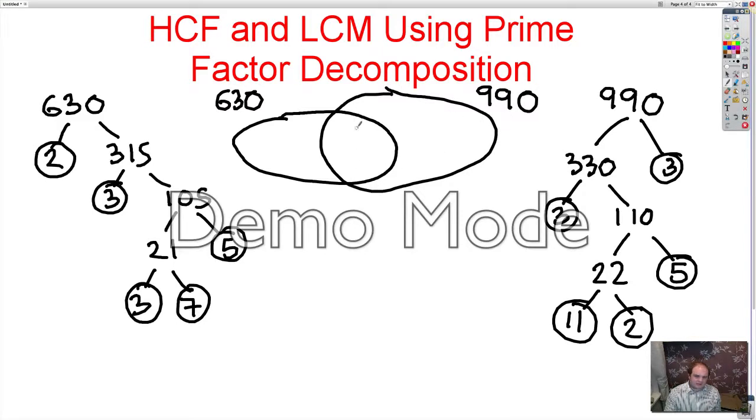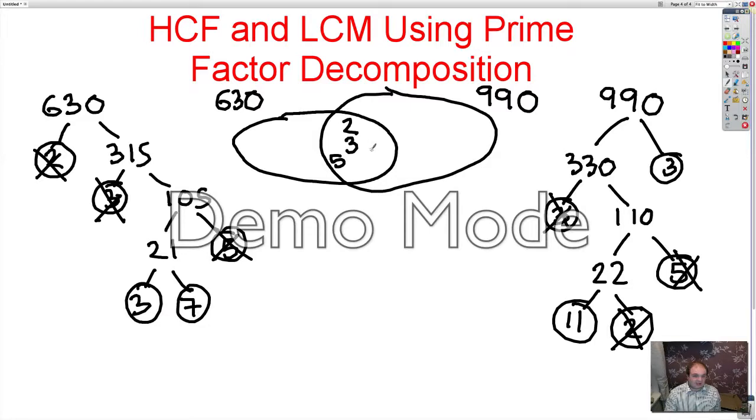In the middle part that overlaps, I'm going to put the prime factors that are in both. So 630 has got a 2, has 990? Yes, it has. So that's got a 2, that's got a 2, that's going to go in my shared box in the middle. You'll see why this is important in a minute. A 3 and a 3, so you can cross those off, stick that in there. I only put it in once to say it's in both lists. You can see 5 and 5.